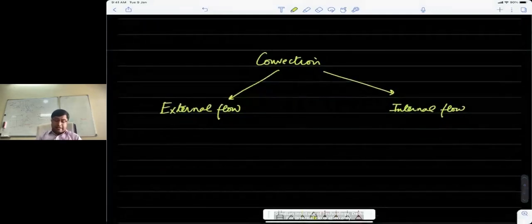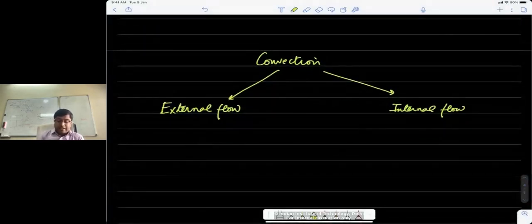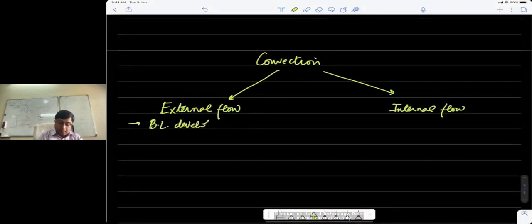Now, we will call any flow an external flow if the boundary layer that forms on a surface can develop freely, without any constraints.